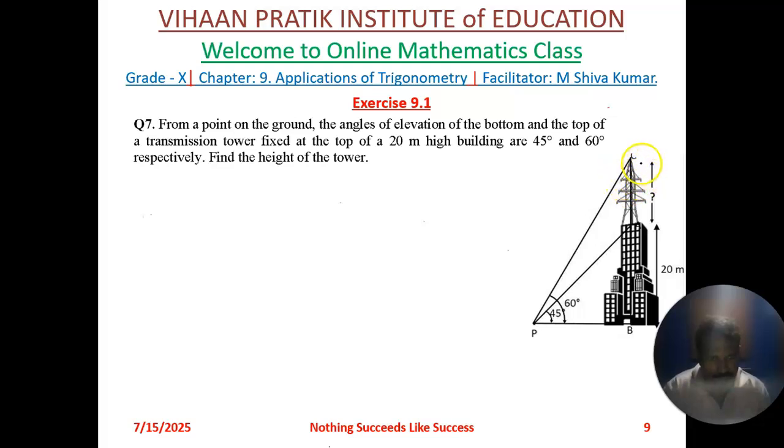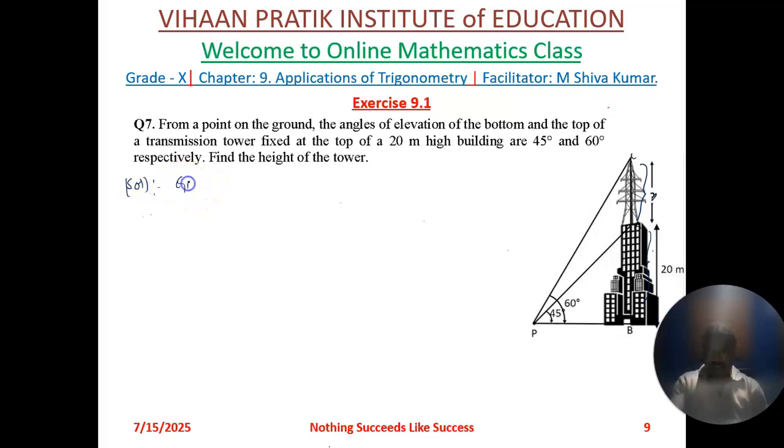Now we need to find the height of this tower, which is not given. Only the height of the building is given. This is given, this is not given. How to analyze this? Now let's start analyzing this solution.